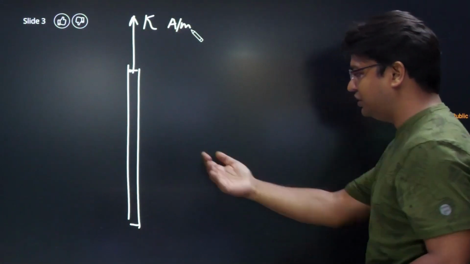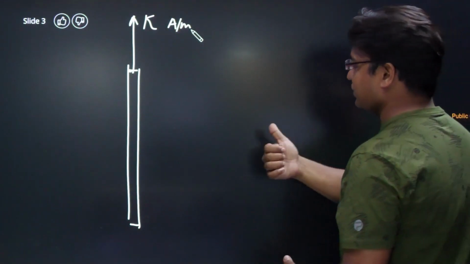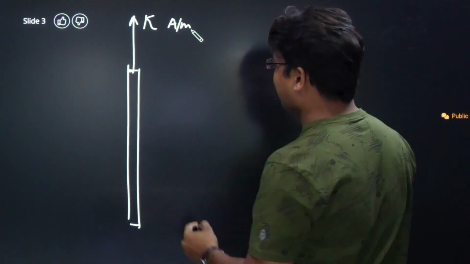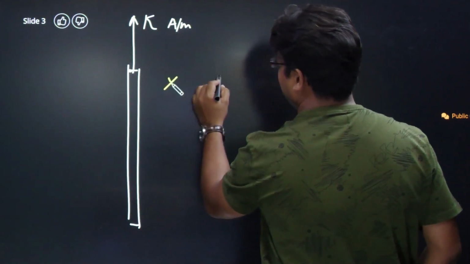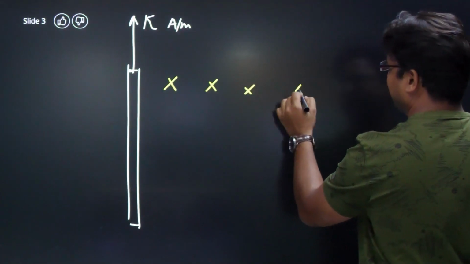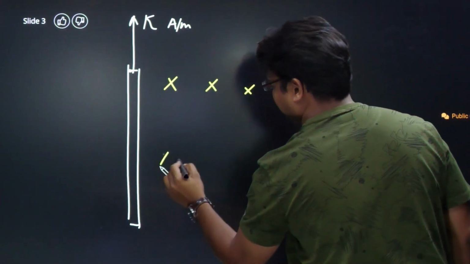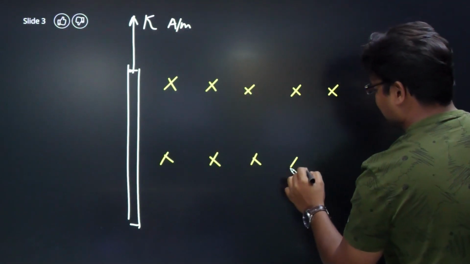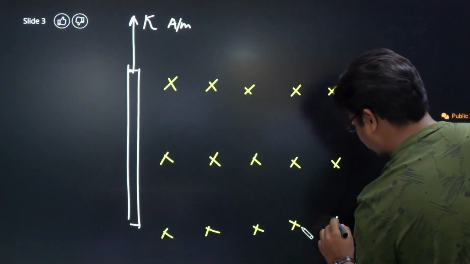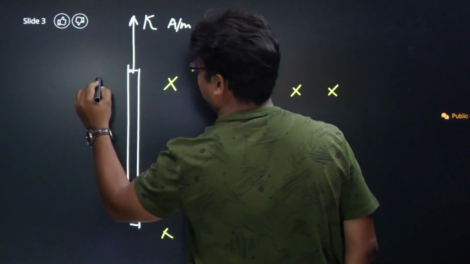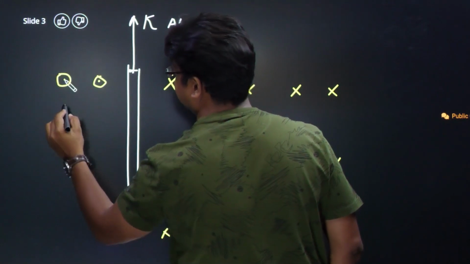Because of this sheet, towards the front of the sheet, the magnetic field that we will get will be in the form of crosses. In this region the magnetic field will be in the form of crosses, and the magnetic field on the other side will be in the form of dots.